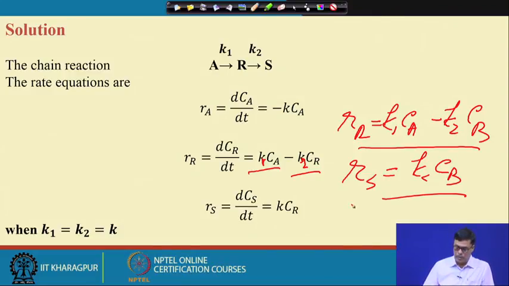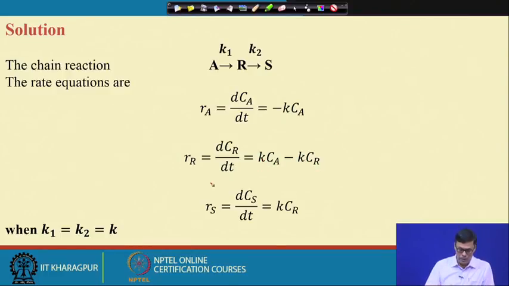Now, the reason it has been written that K1 equals K2 is that finally the equation looks like this, because K1 equals K2 equals K. If we assume that, then the equation will come like this.